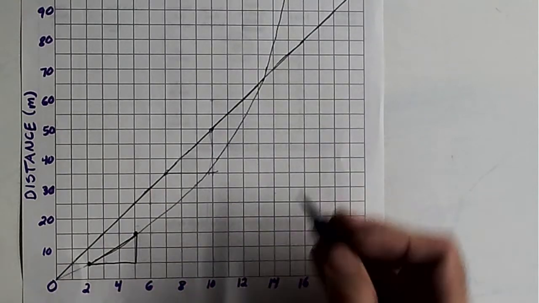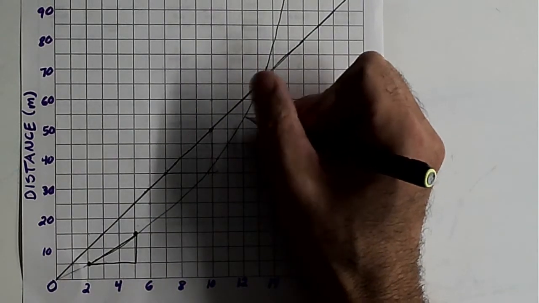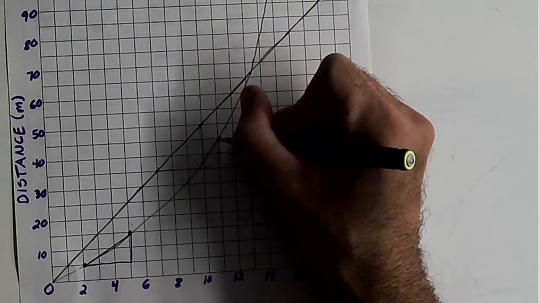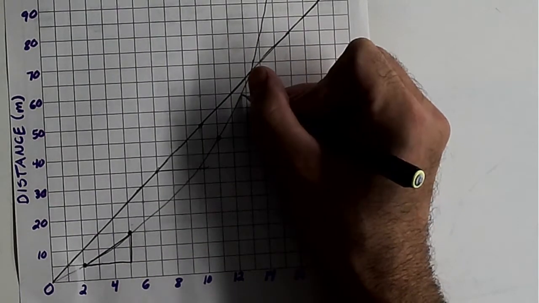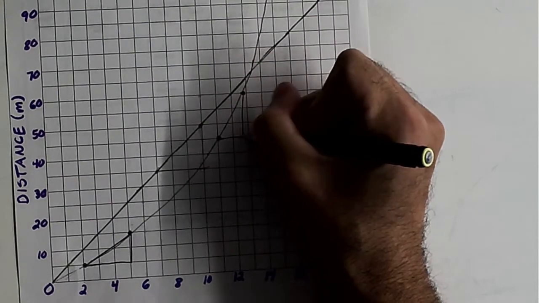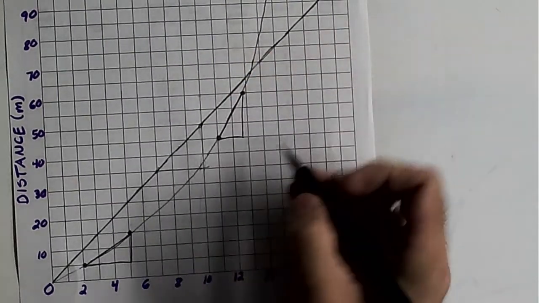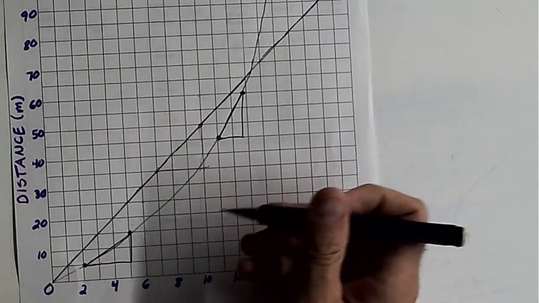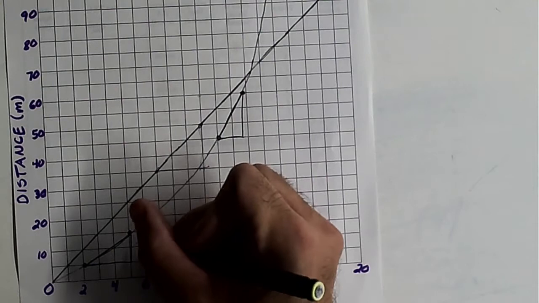This is the slope. If I go up to, let's say, this section here, the slope is steeper, okay? So we're talking about speed, right?